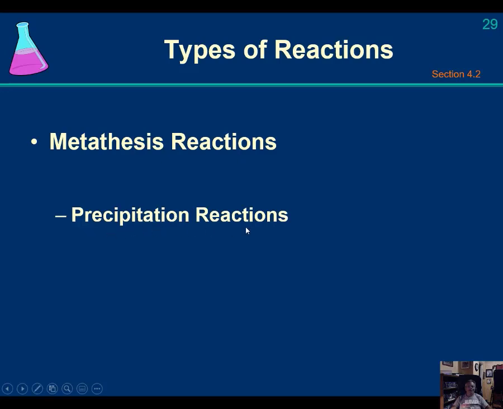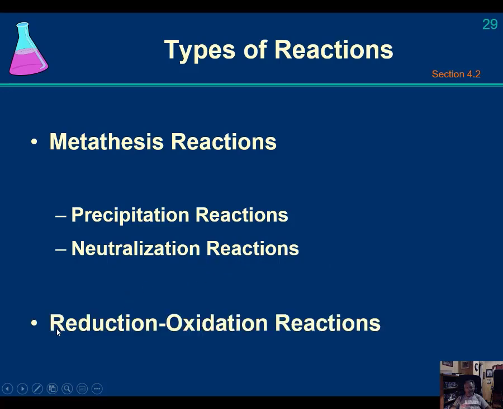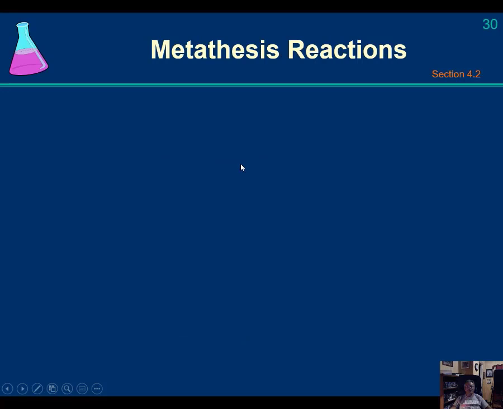Two forms of those are precipitation reactions and neutralization reactions. These are the acid-base reactions that we've been talking about. Then we have a very powerful category of reactions called reduction-oxidation reactions, and we'll talk about those. So let's deal with metathesis reactions first.